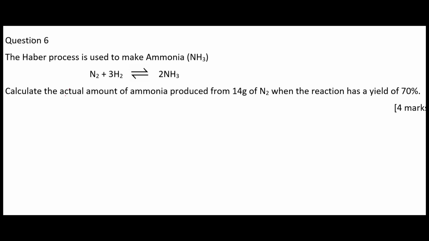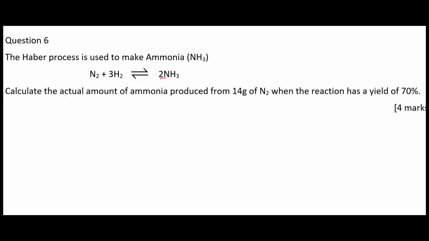Okay guys, take a look at question 6. It's a typical question where you're expected to do something called reacting masses, but we've also got to combine this with percentage yield. So again, in this question, we're told that we're using 14 grams of nitrogen, and we're asked to calculate the actual amount of ammonia produced.